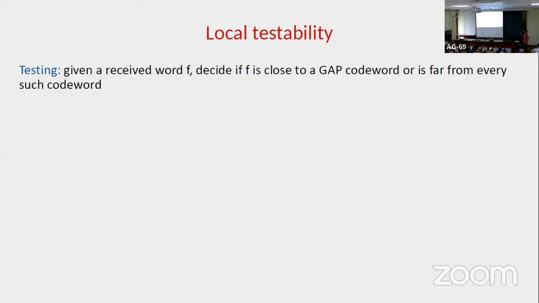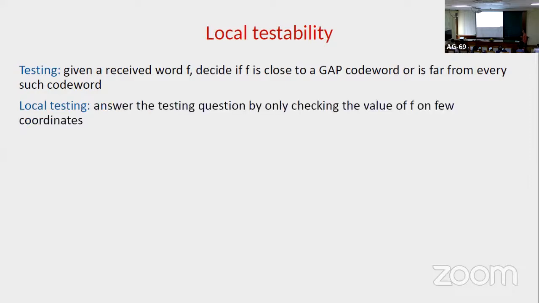So for instance, if I want to talk about local testability of cap codes, I'm given a function F, is it close to a valid codeword of the cap code, or is it very far? Very far meaning constant fraction far. And local testers are algorithms that answer this question by only reading a few coordinates of the codeword. You don't want to read the whole thing and decide this. You want to sample a few coordinates, read them, and just make this decision.